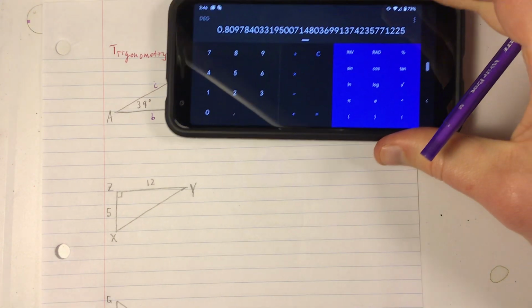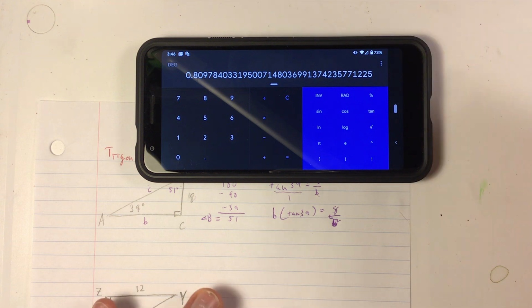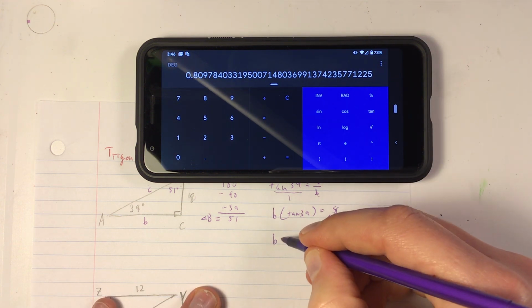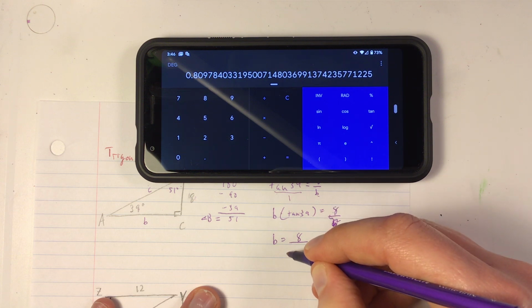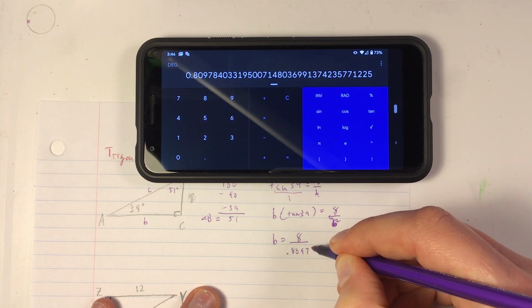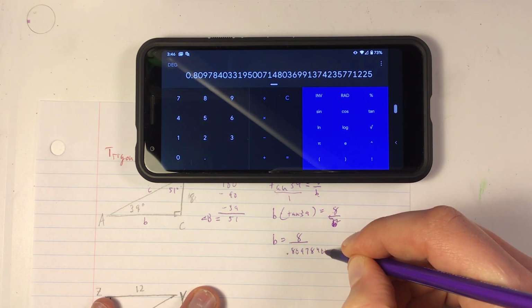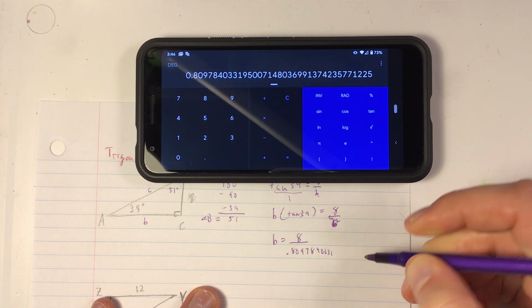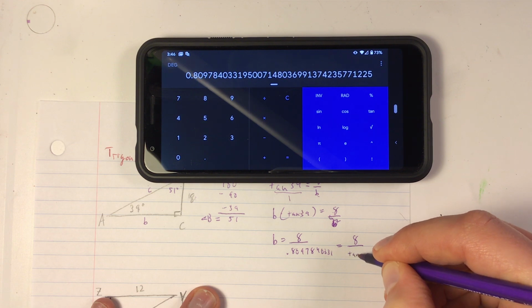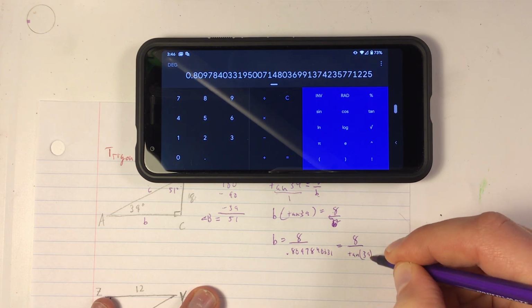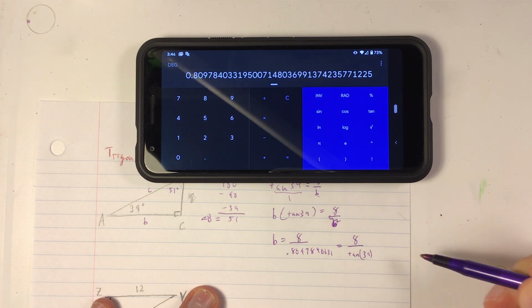So to solve this, I would have to do b is equal to 8 divided by 0.80978403331. Or I can just write 8 divided by, because I'm lazy, tangent of 39. Because I know that's just some decimal.